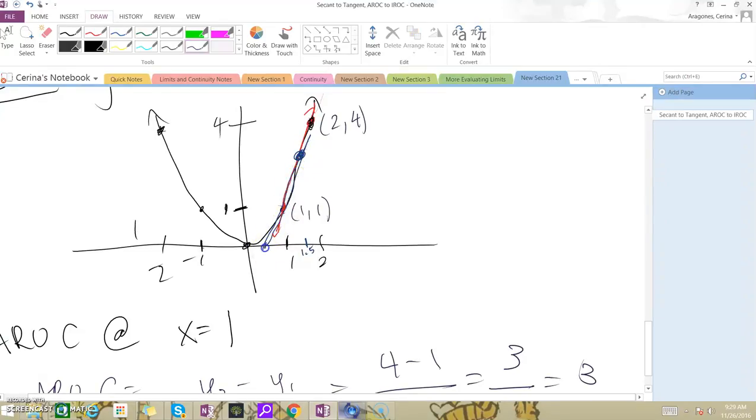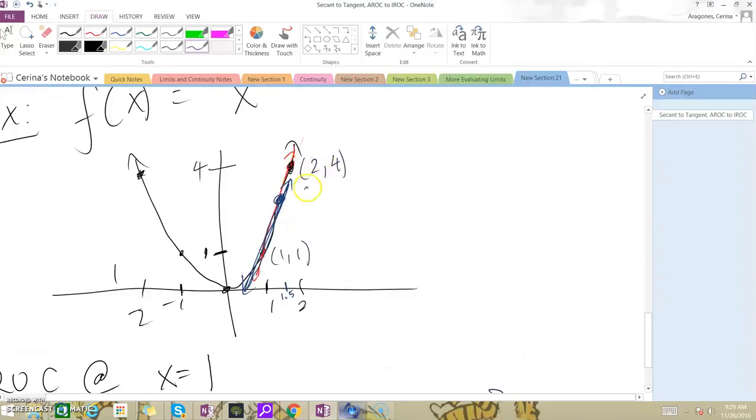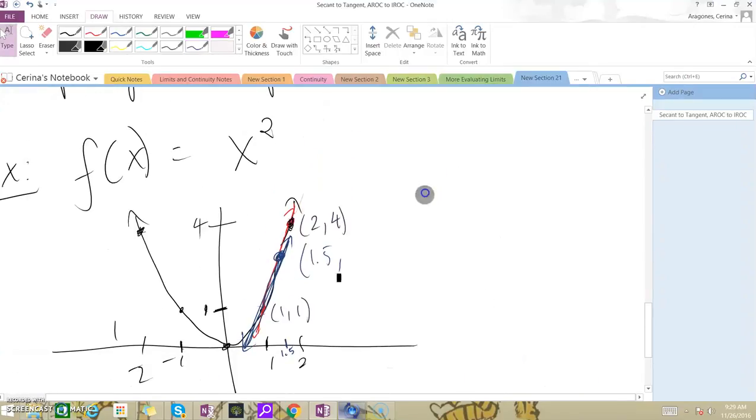There's another secant line right there. Now at 1.5, my function is x squared, so I've got to square 1.5. Let me plug it into our calculator real quick. 1.5 squared is equal to 2.25.